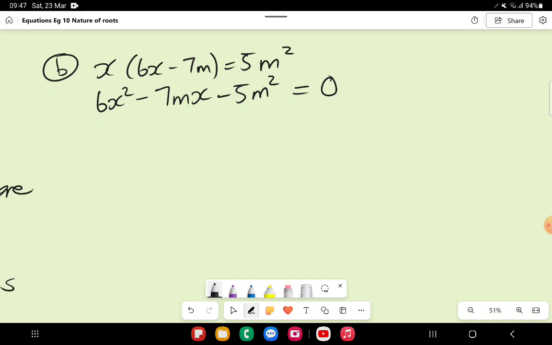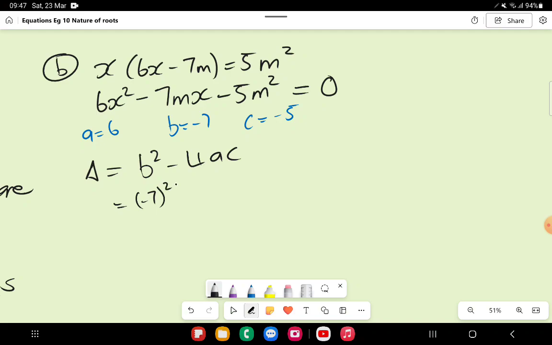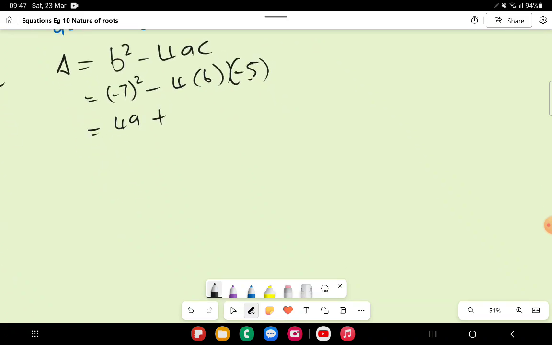Now that I've done that, I can now name, and I can say a equals 6, b equals negative 7m, c equals negative 5m squared. Now I can use my delta. It's equal to b squared minus 4ac, which is negative 7 squared, minus 4 times 6 times negative 5. So that becomes 49, minus and minus is plus. 4 times 5 is 20, and then 20 times 6 is going to be 120.